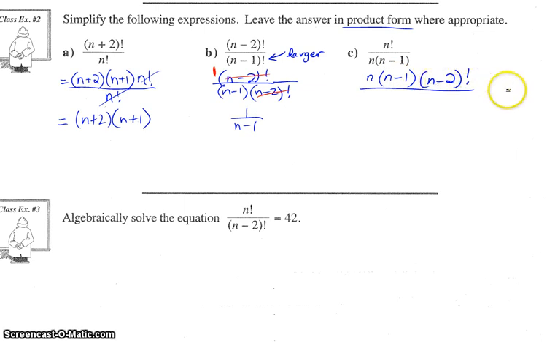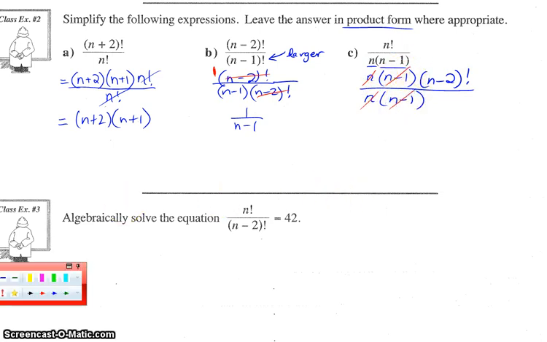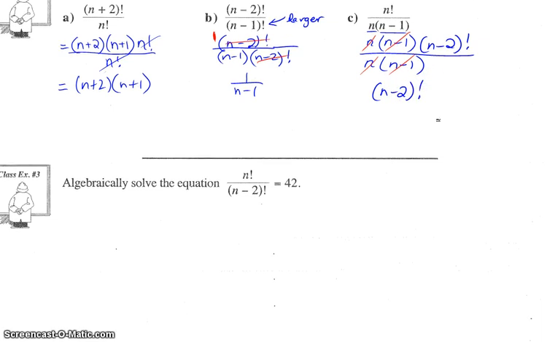Now I could keep going forever, right? n minus 3, n minus 4, etc. But the factors in the denominator were n and n minus 1. And now I have those factors in the numerator. So n minus 2 factorial is the last one I would need to write. So both those factors go, and our final answer would be n minus 2 factorial, and that would be it. All right, example number 3.